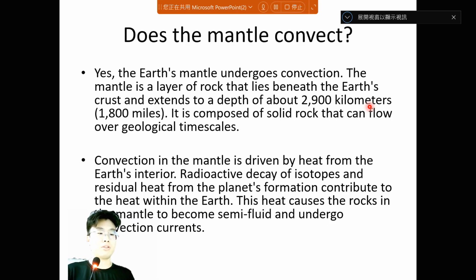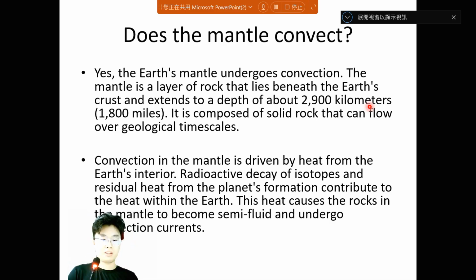It is composed of solid rock that can flow over geological timescales. The convection is driven by heat from the Earth's interior. Radioactive decay of isotopes and residual heat from the planet's formation contribute to the heat in the Earth.